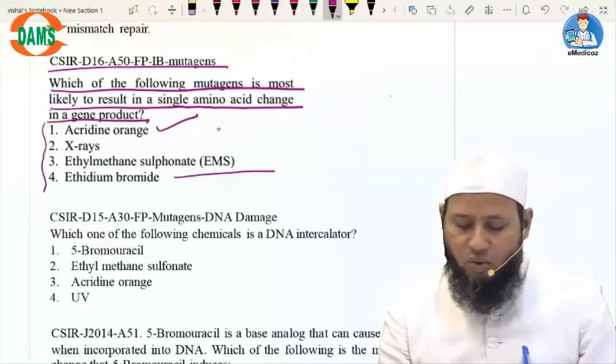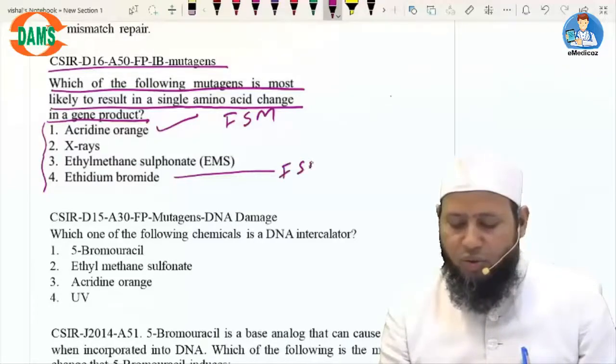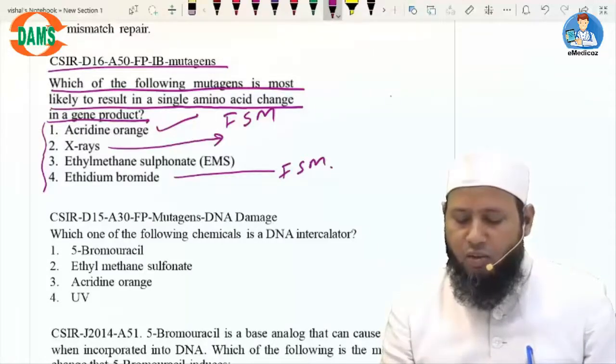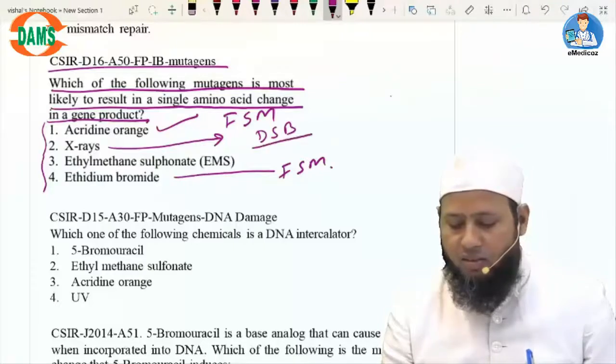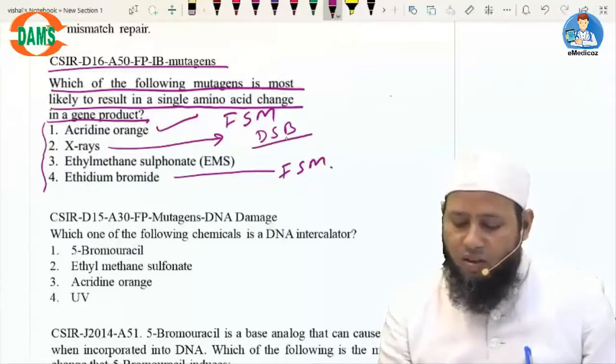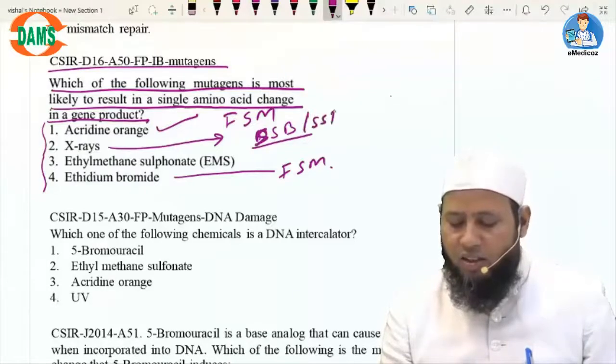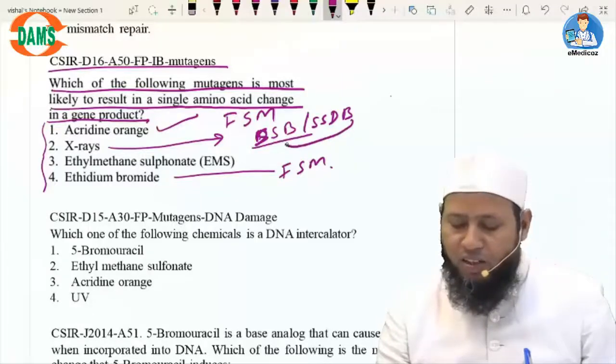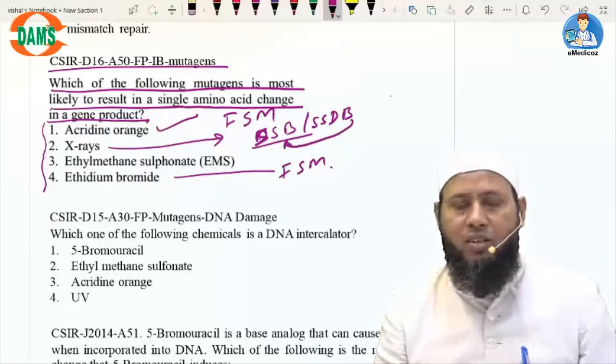So acridine orange induces frame shift mutation, and ethidium bromide also induces frame shift mutation. And X-ray induces DNA double strand breaks and single strand breaks. The single strand breaks will finally result in double strand breaks.